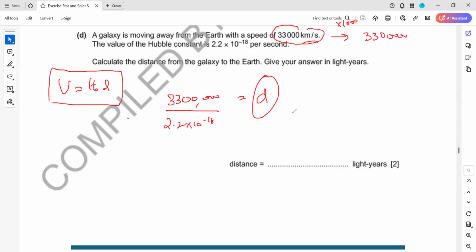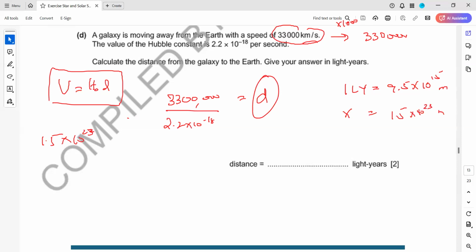So V is equal to H naught D. And then always use one light year. This you have to memorize: one light year is 1.5 into 10 to the power 23. And we have one light year is this many meters, 9.5 into 10 to the power 15 meters. So if X light year, how many meters? 1.5 into 10 to the power 23.